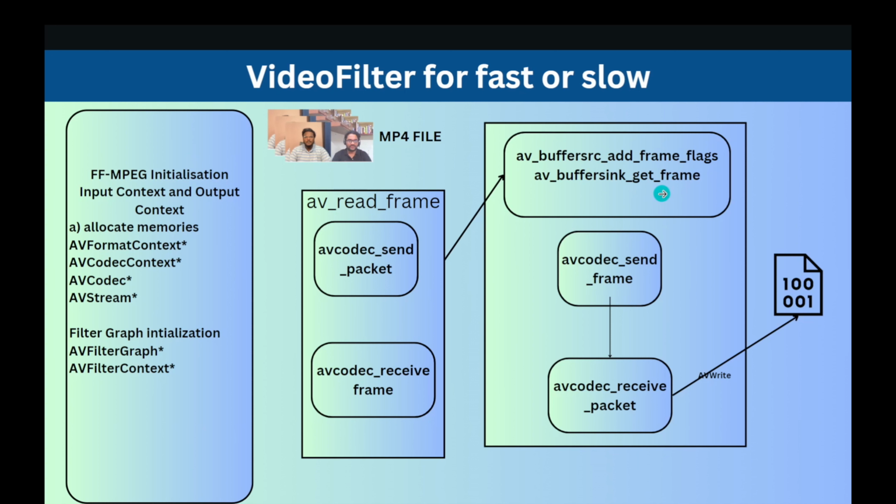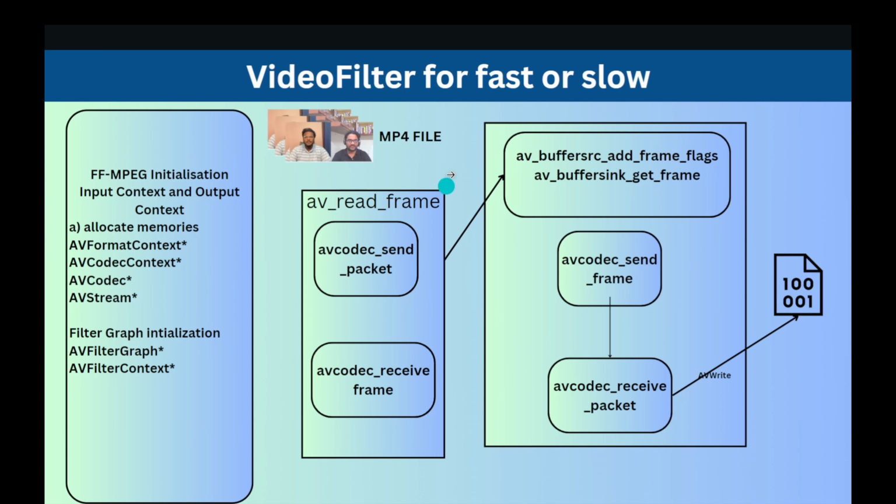Once the altered frame is received, you send that frame back, it is compressed, and the compressed data is written to the file. So this is the high level architecture and the set of APIs and initializations needed to control the playback of any video.